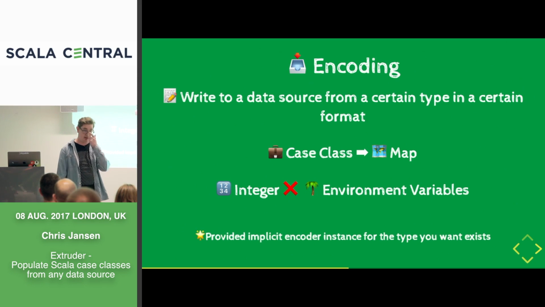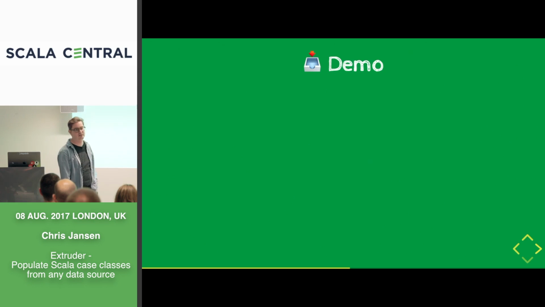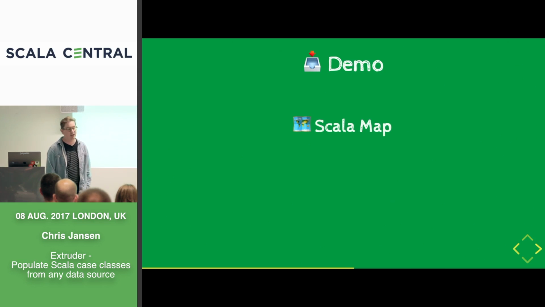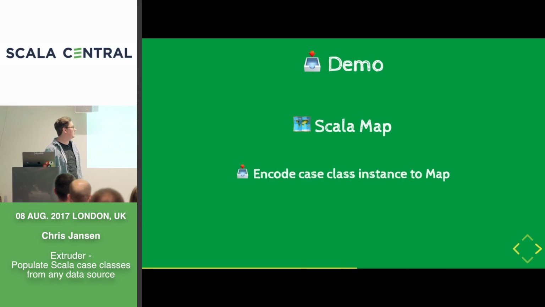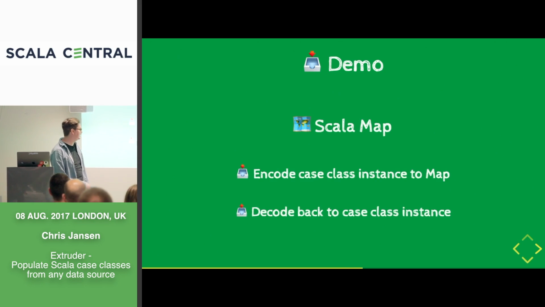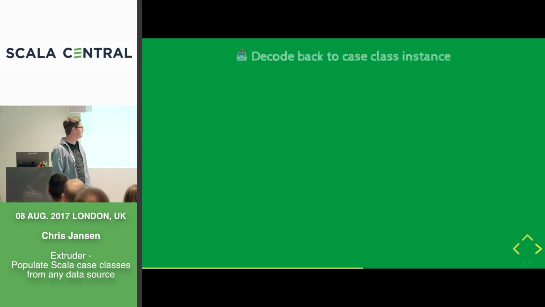And as with decoding, this works as long as there's an implicit encoder in scope. So let's have a demo of encoding. This time we'll go to a Scala map from a case class, but then we'll go back and check that it's equivalent to the original.